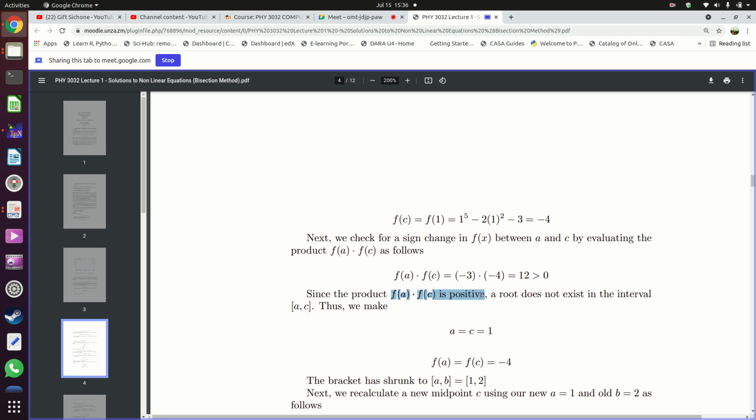So we make the lower bracket shift up. Our C is going to become A. So A is now going to be 1. Our C, which equals 1, will now become A. And the value of the function at C, which is minus 4, now becomes our f of A.